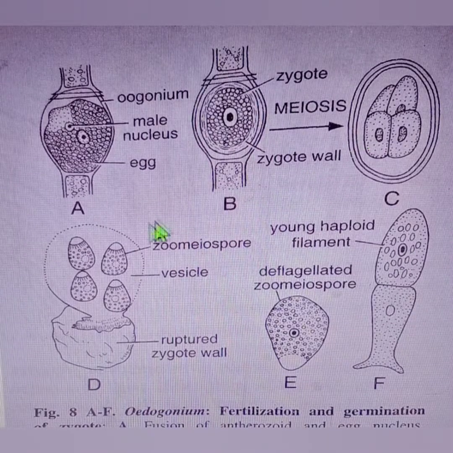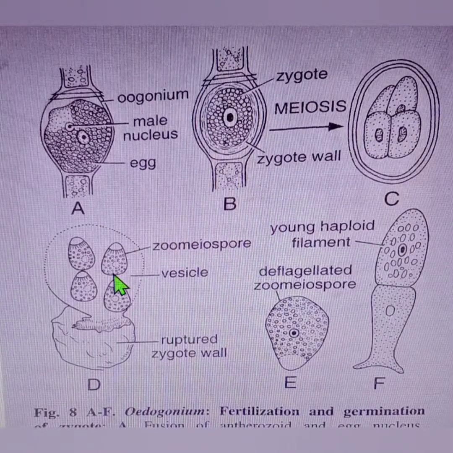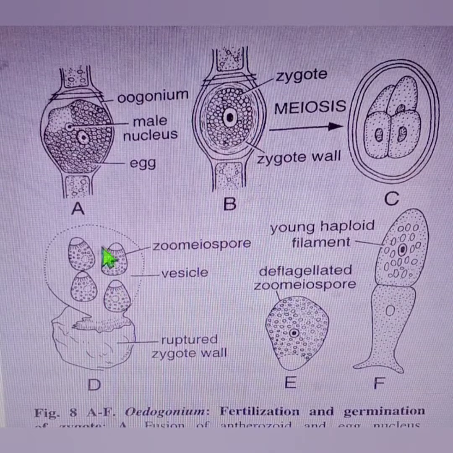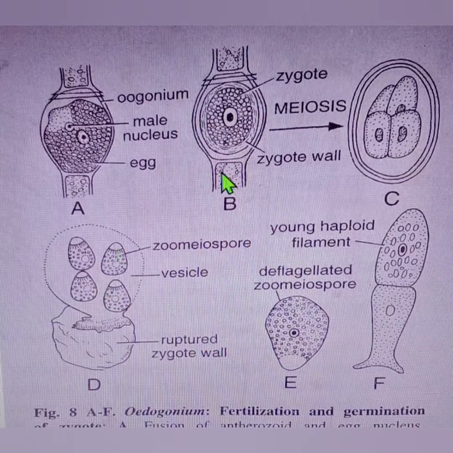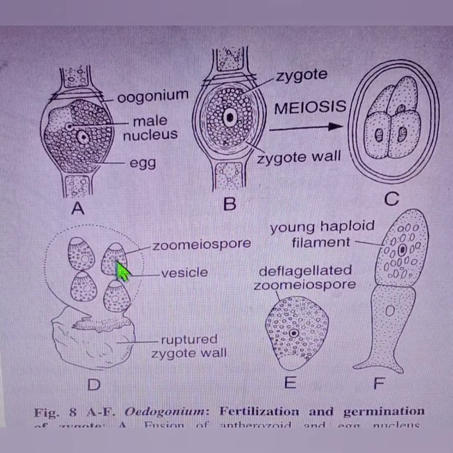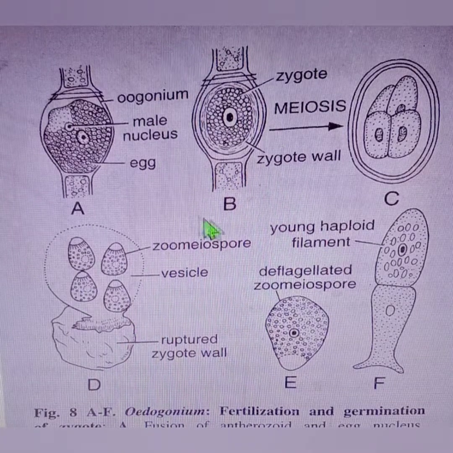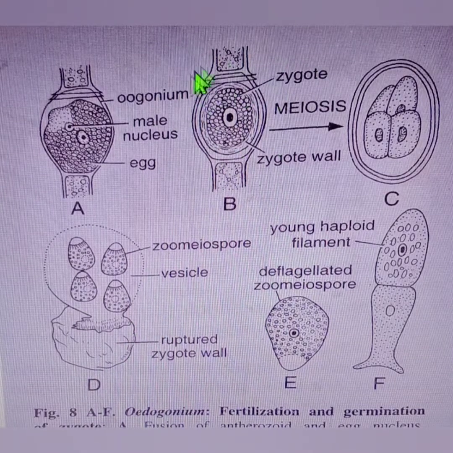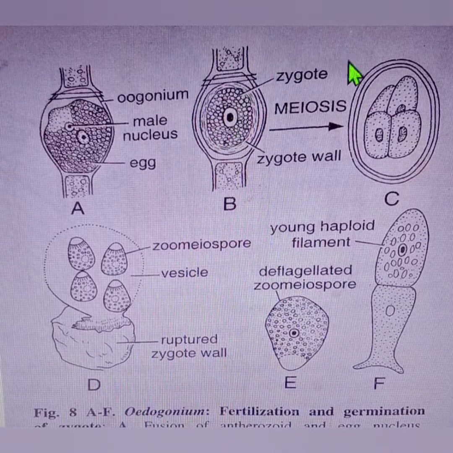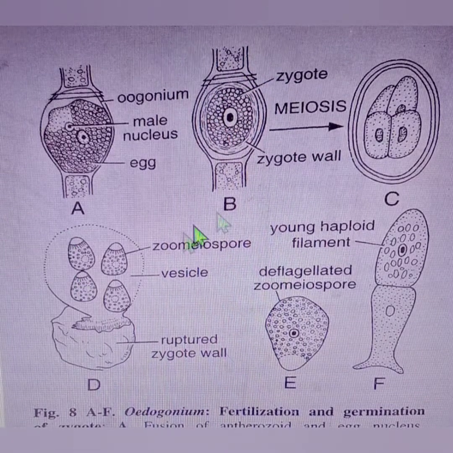Now coming to the germination of the zygote, how does it germinate? The zygote is liberated by the decay of the oogonial wall. So the oogonial wall will decay and release the zygote.